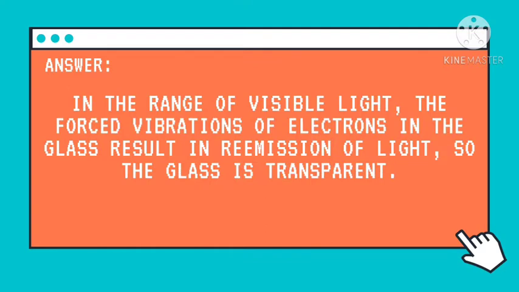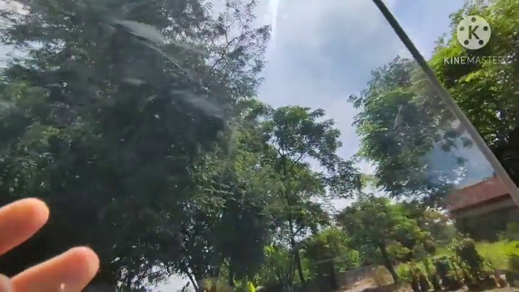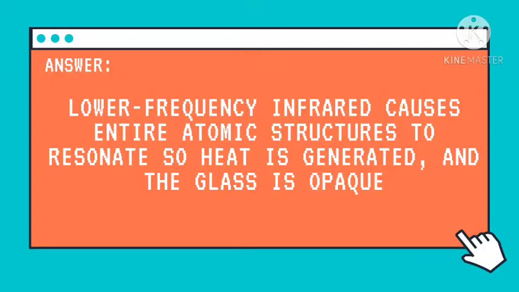Another reason is, in the range of visible light, the forced vibration of electrons in the glass results in the re-emission of light, so the glass is transparent. Lastly, lower frequency infrared causes entire atomic structures to resonate, so heat is generated and the glass is opaque.